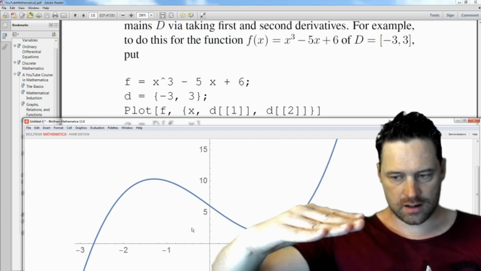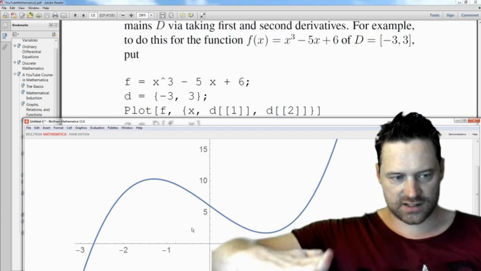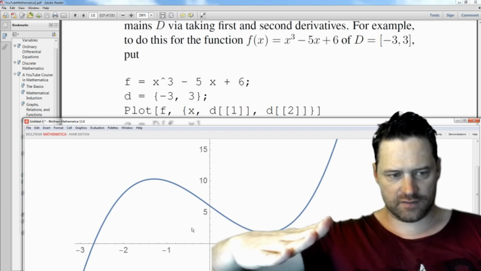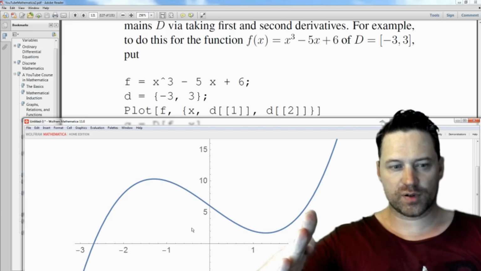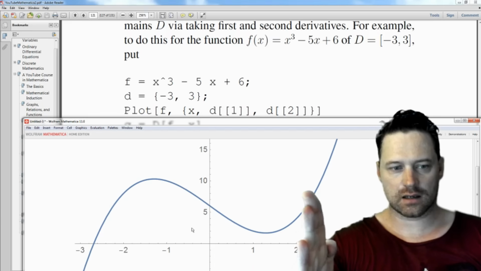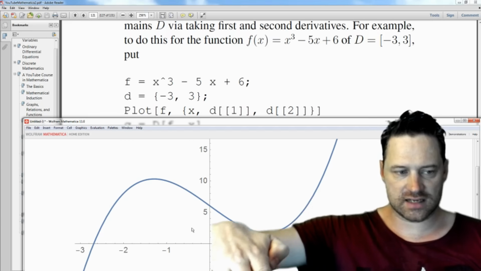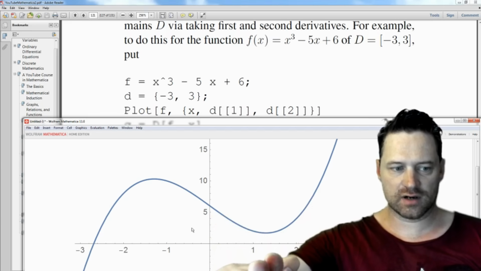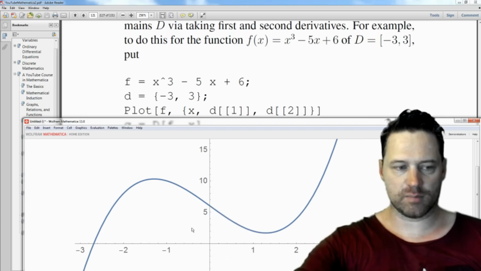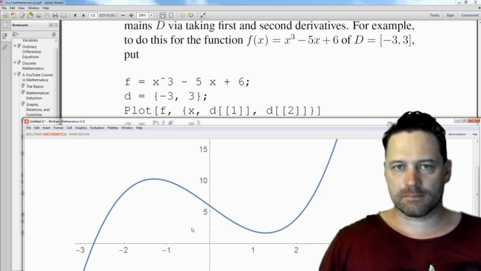Okay. So if I have the slope increasing, you see, I'm trying to do that here around the local minima that I see. Slope increasing. See, going up. Now, what does that mean?